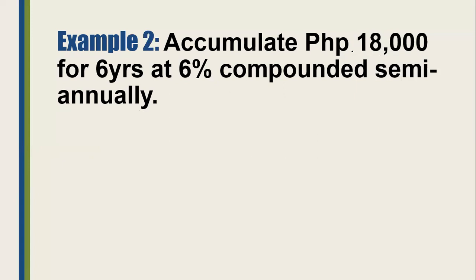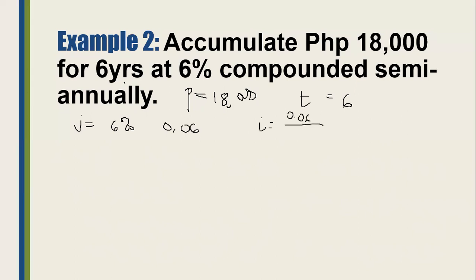Example number 2: accumulate 18,000 for 6 years, compounded semi-annually. So we have our P, which is 18,000 or the present value, and then our T, which is 6 years, and our J, which is 6% or 0.06. Then our I, our compound interest, is J, which is 0.06, divided by our M. So what is our M?